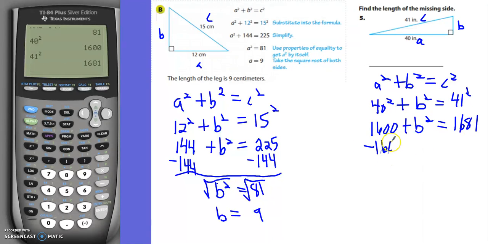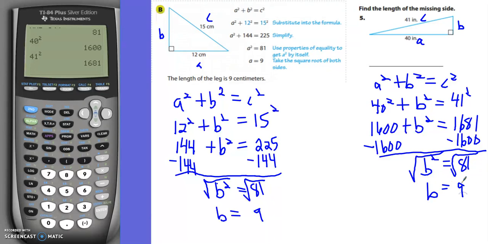Subtract 1,600 from both sides. I'm left with 81. Take the square root of both sides, so B equals 9.